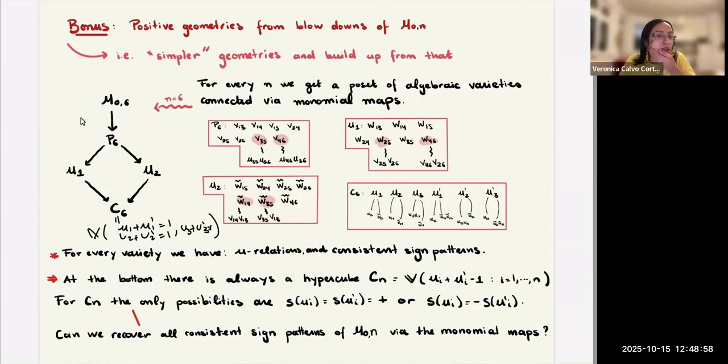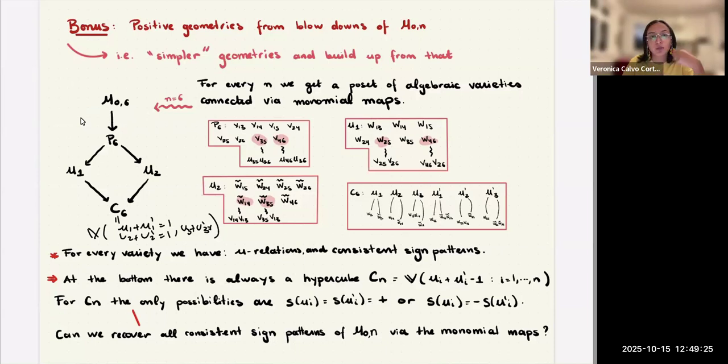But you can definitely think of the positive part of all of these regions to be equivalent to some polytope, to be like a diffeomorphism to a polytope. For M06, you get the three-dimensional associahedron. To go from the associahedron to the polytope, you are collapsing one of the square facets.